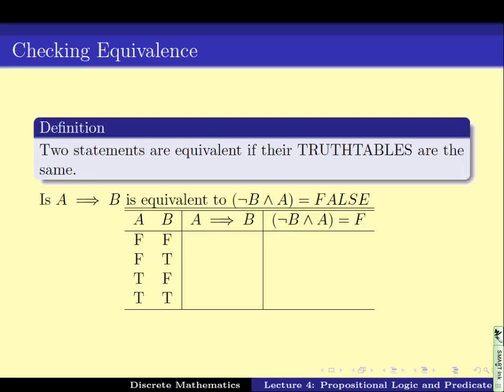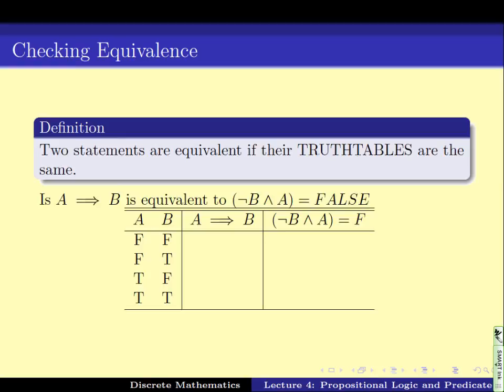For all the possible inputs of A and B, that means A can be either false or true, similarly B can be either false or true, we would like to write the truth table, that is, the evaluation of A implies B and of not B and A equals F. So let's do it one by one.